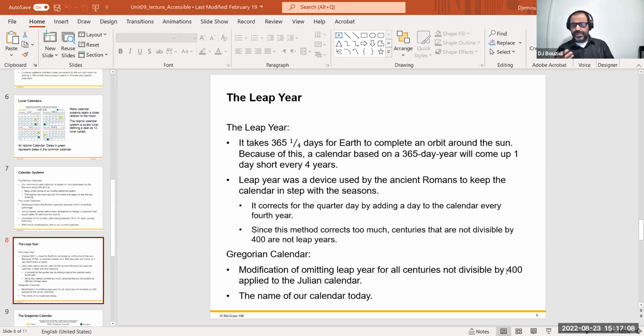It also has to be divisible by 4, and any number like 1900 is divisible by 4, but that's not the only rule that we have. There is an addition. I want you guys to go through this unit and read it thoroughly, at least to this point. Try to understand the leap year and how it works.